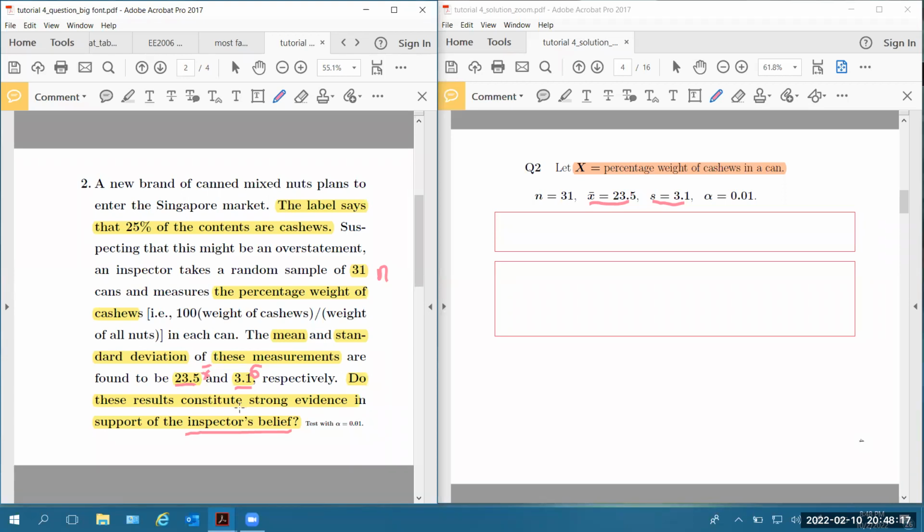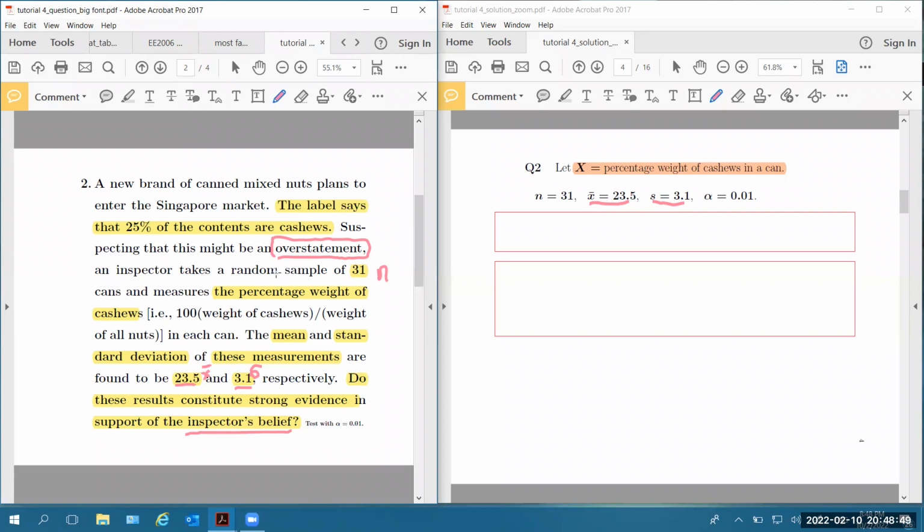The earlier statement is saying that the cashew is kind of overstated, so I think the inspector should believe that the cashew should be less than 25%. Yeah, that's right. It's because of this word here. You see, the label says that 25% are cashew, right? And then they say, suspecting that this might be an overstatement.